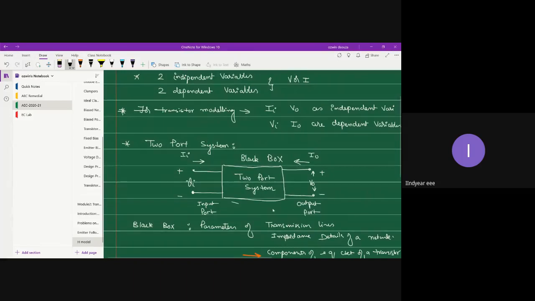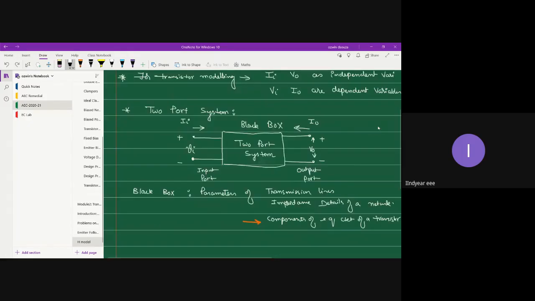So there are 4 variables here: input current, input voltage, output current, output voltage. Out of these 4 variables for transistor modeling, we have chosen input current and output voltage as independent variables, and input voltage and output current as dependent variables.